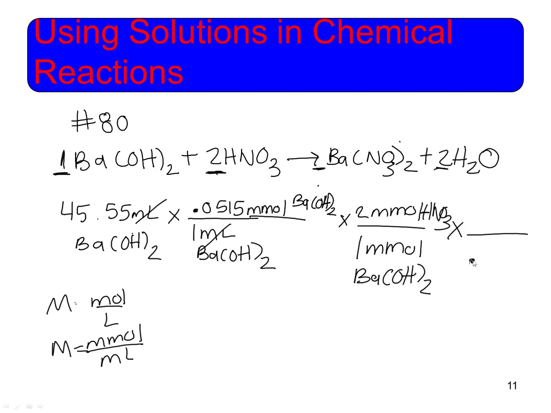Then we plug in our molarity again. Same idea, you don't have to move decimals or anything like that, and you're just going to get your answer in milliliters, so you would get 8.41 milliliters.